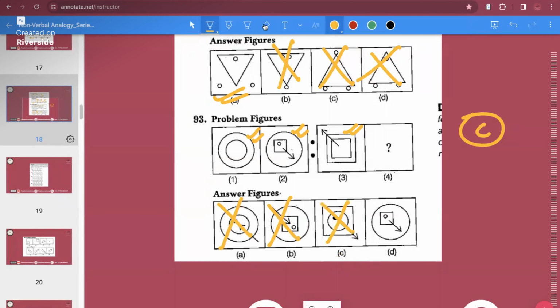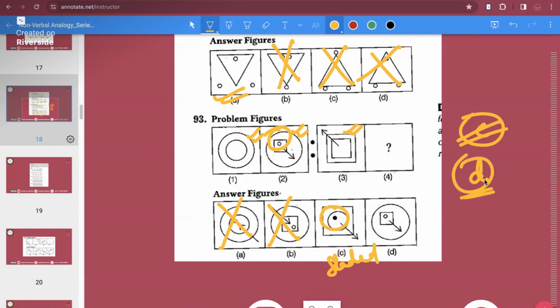Because there is another hint. The hint is that this smaller dot, the smaller circle, is shaded. And earlier when we dealt with it, it was not shaded. Right, guys? So we will not go ahead with option C. We'll go ahead with option D in this case.